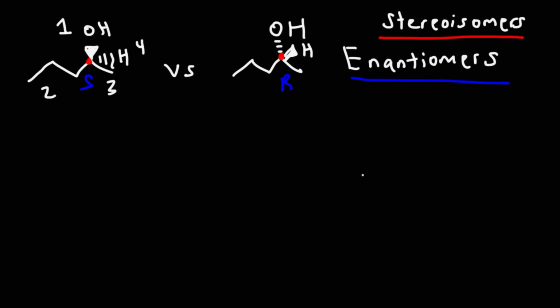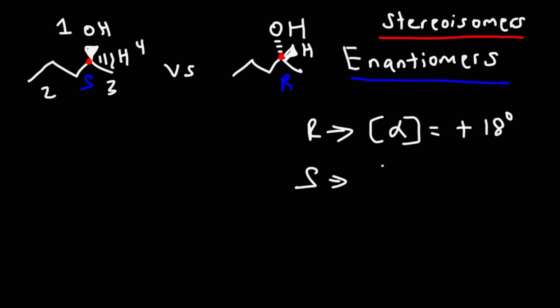So for instance, the R isomer of a completely different compound might have an observed rotation of positive 18 degrees. The S isomer will rotate plane polarized light in the other direction, so this will be negative 18 degrees. So this would be in the counterclockwise direction, this will be in the clockwise direction.